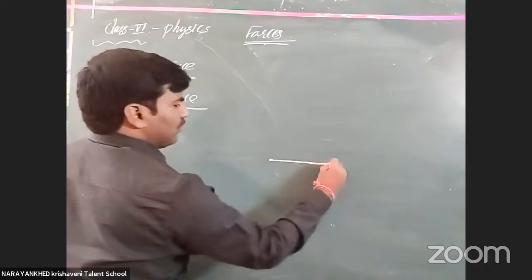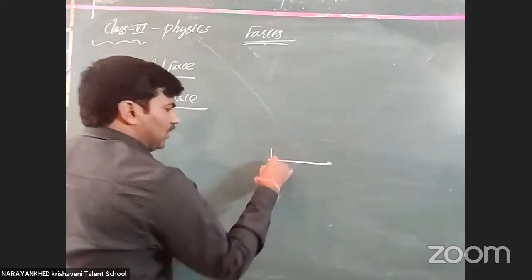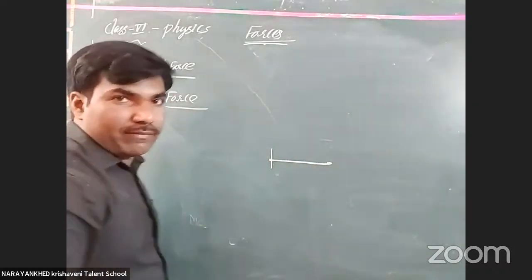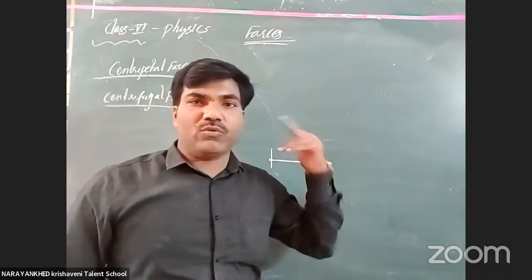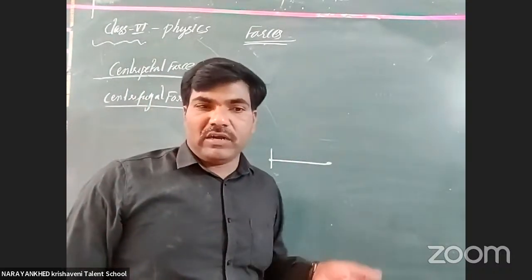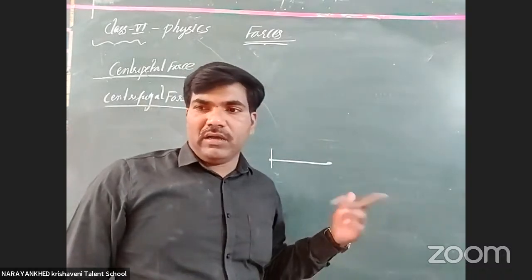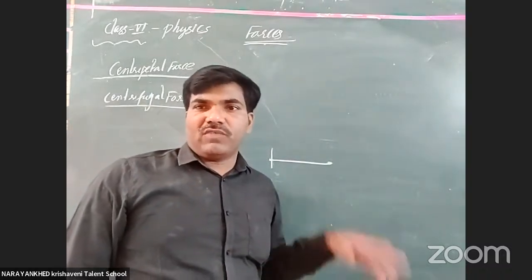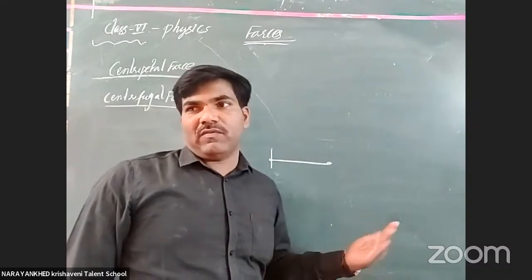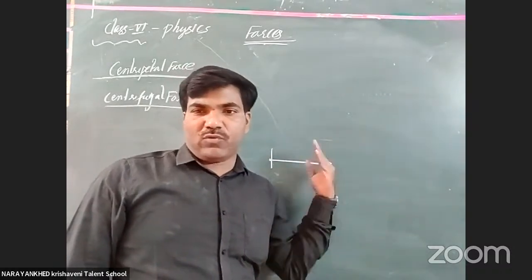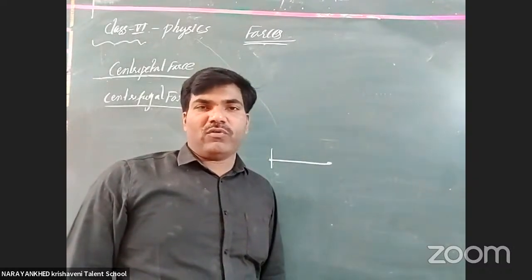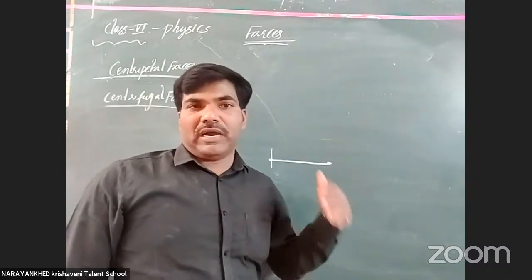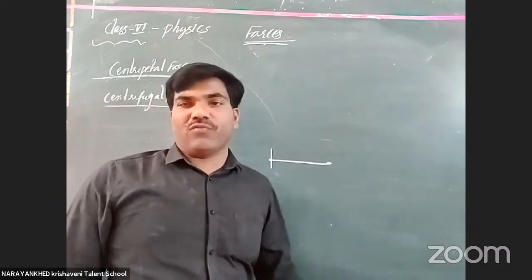When a body moves in a circular motion, it is compulsorily influenced by two forces: the centripetal force and the centrifugal force. Centripetal force is nothing but the force attracting the body toward the center. Centrifugal force is nothing but the force attracting the body away from the center.